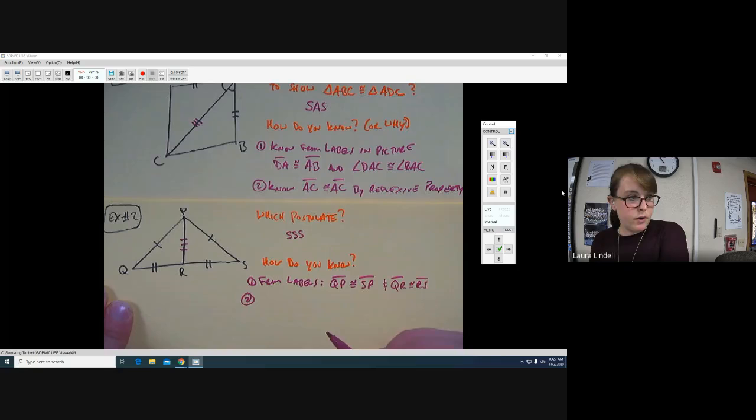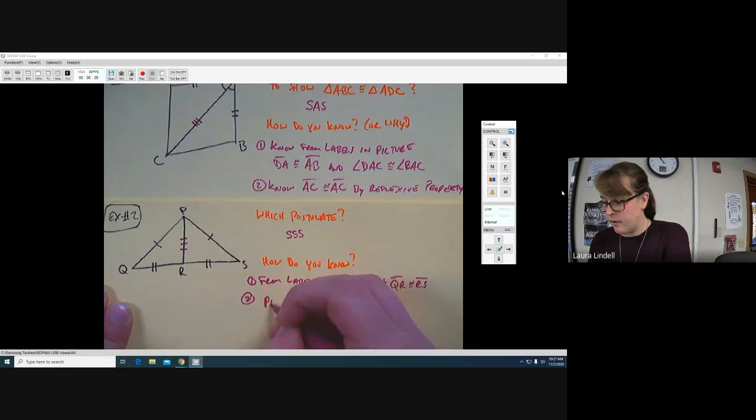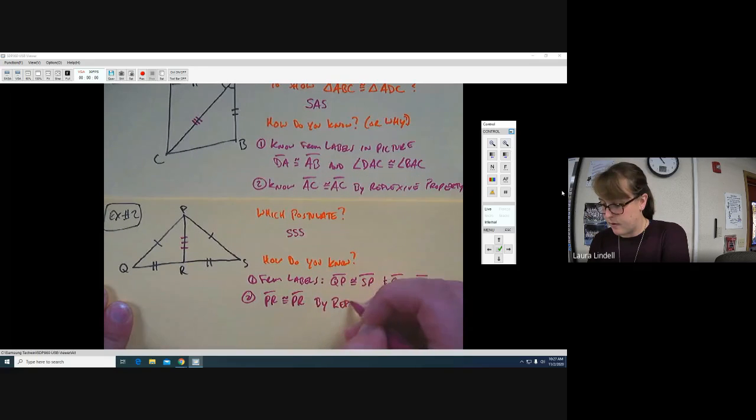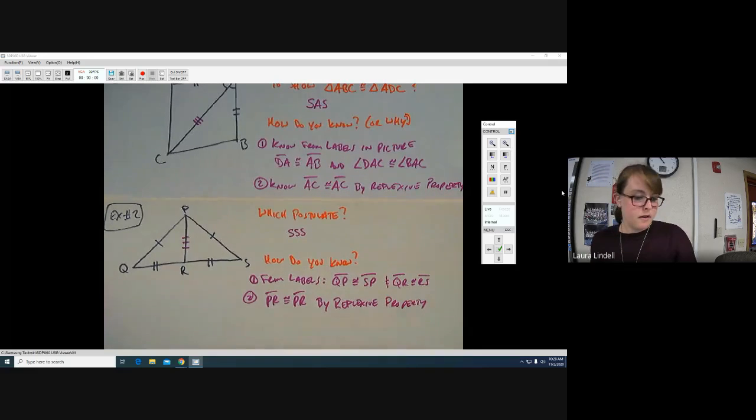And then for the second one, we know that PR is congruent to PR by reflexive property. Okay, so now we've seen an SAS and an SSS example. Both of them using the reflexive property with that shared side.